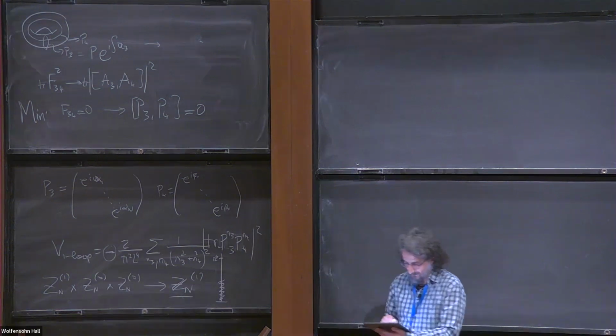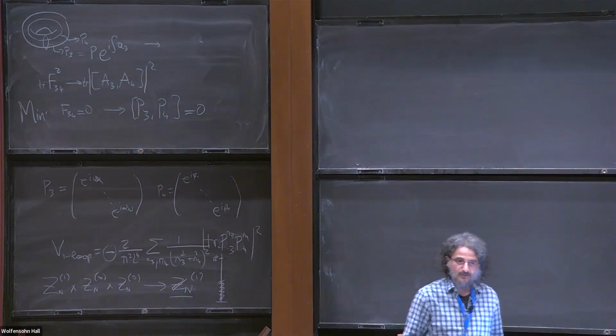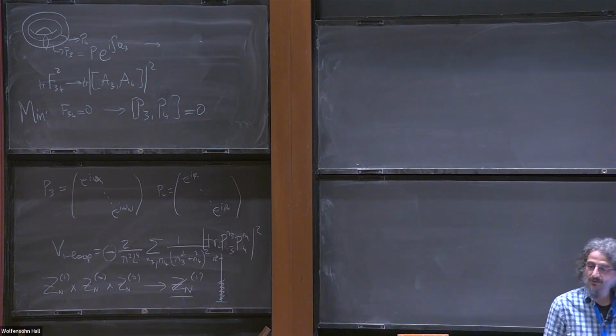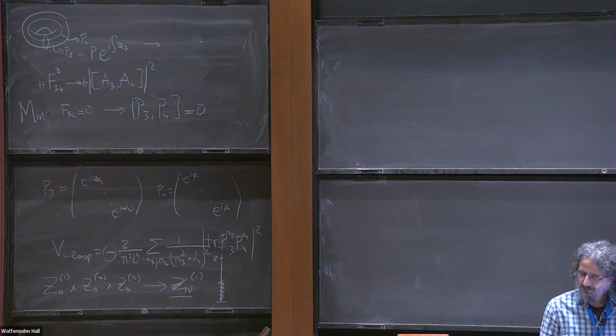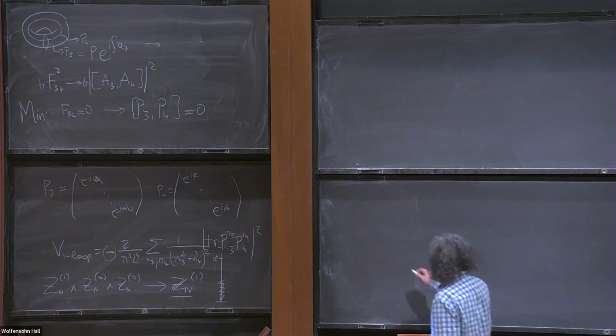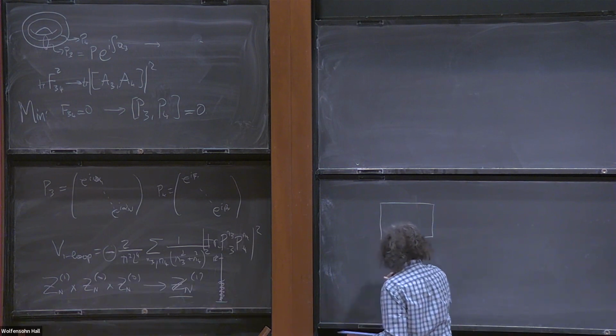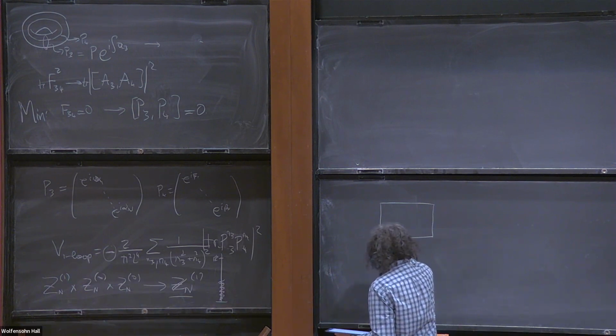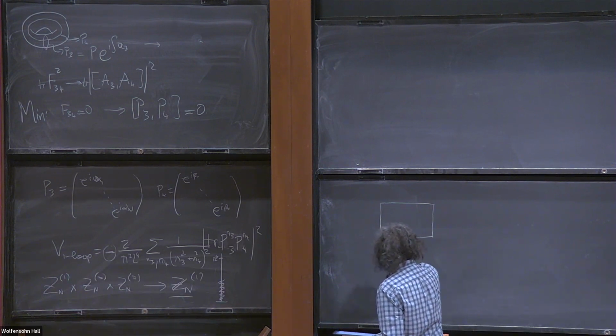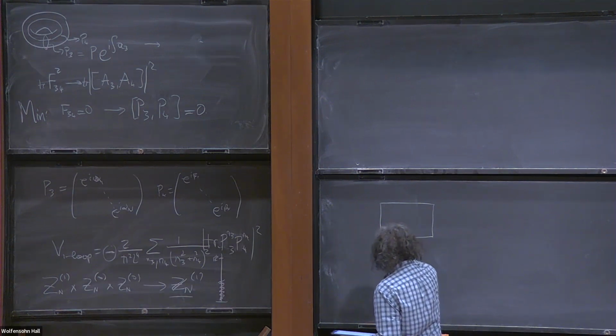So from 't Hooft's perspective, turning on a discrete 't Hooft flux is using twisted boundary conditions by using transition functions. If you consider the theory on the torus, you define some field here, or somewhere here.